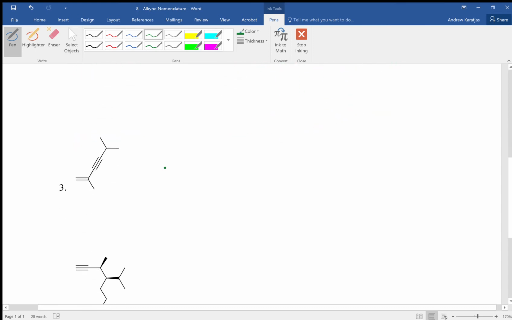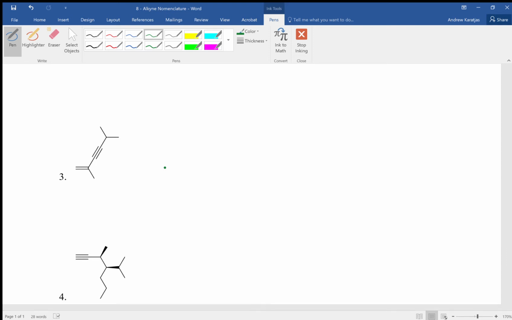Now for number 3 here, we've got something a little bit more complicated, because we've put both an alkene and an alkyne into this molecule. So how do we do it? Well, everything's the same, just the parent name is going to change a little bit.